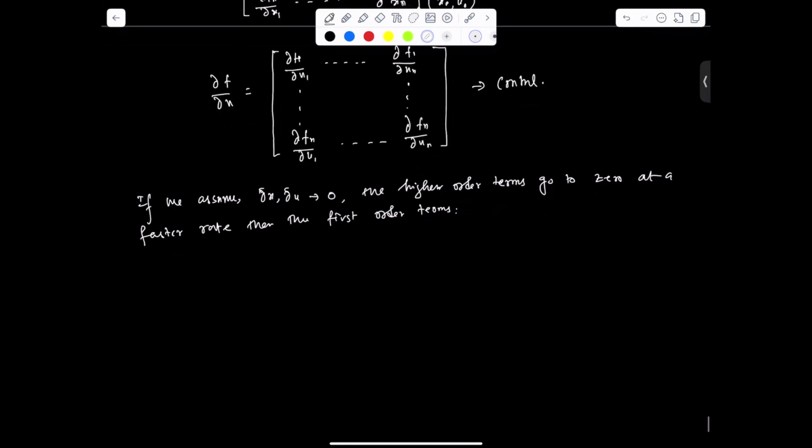Or we can write the limit of h(δx, δu) as δx and δu go to 0, and similarly for the control part as well, h(δx, δu).